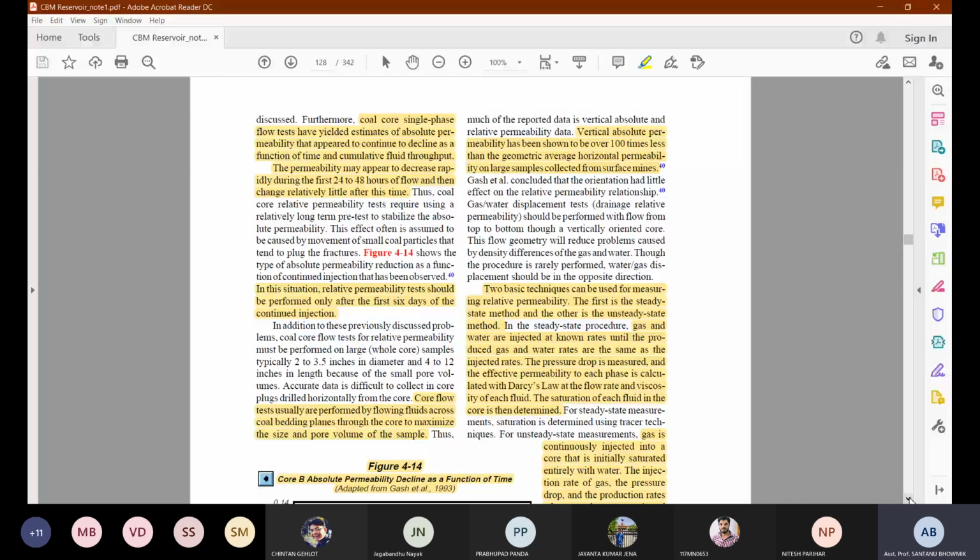So wait for some time so that the permeability values come to a constant, when you have taken out all the water. Then, depending on the water saturation, the gas will come out, and you will get gas production and a gas permeability or the constant water permeability. The gas permeability will differ, but the water permeability values will be more or less stable.